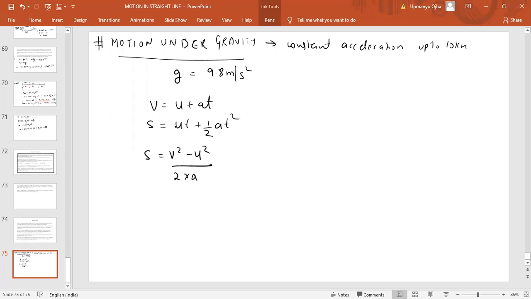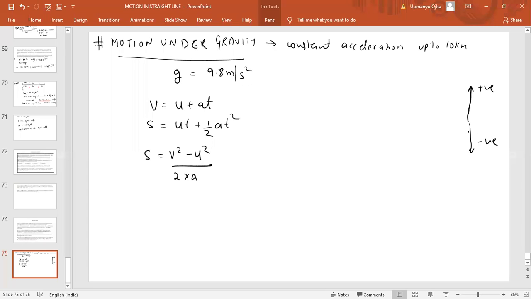Now, if we have to write the equations of motion for gravitational motion, one thing you have to understand is that gravitational motion will always be vertical motion. When it is vertical motion, the upward direction is taken as positive and downward is taken as negative.